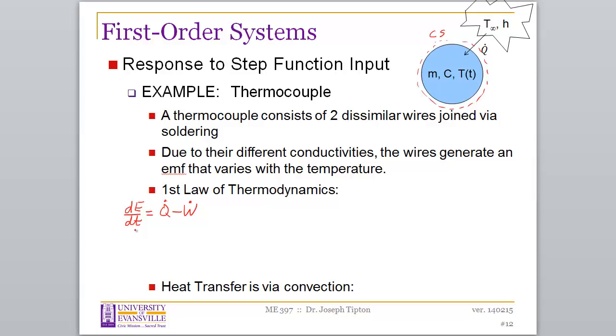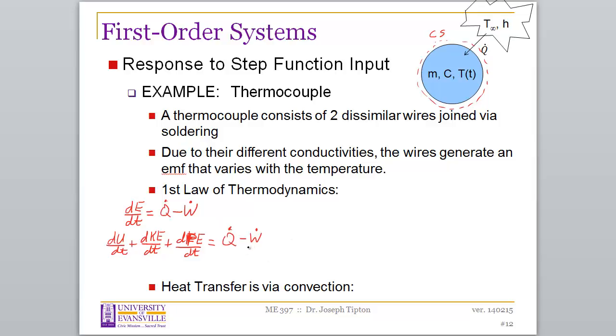Well, let's look at the left-hand side. This is the same thing as saying the change in internal energy with time plus the change in kinetic energy with time plus the change in potential energy with time equals rate of heat transfer minus rate of work.